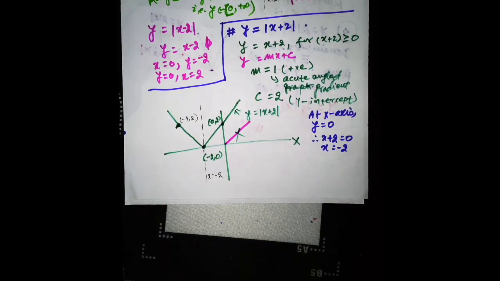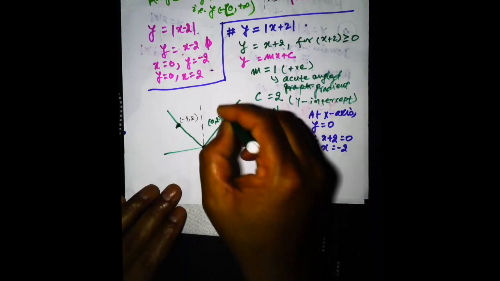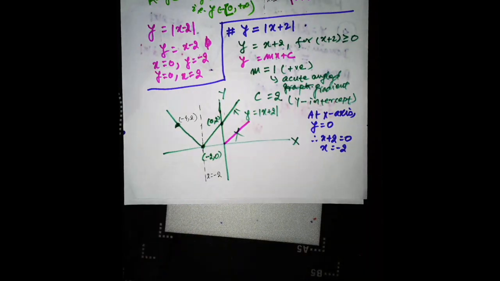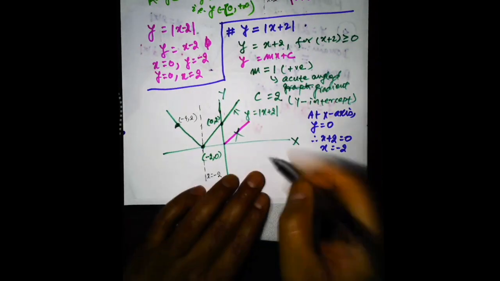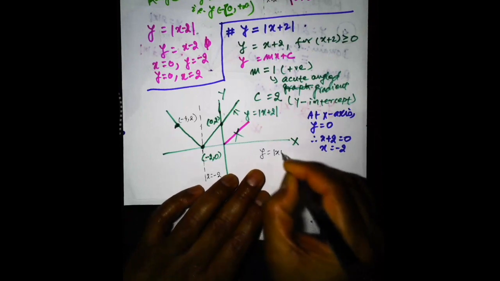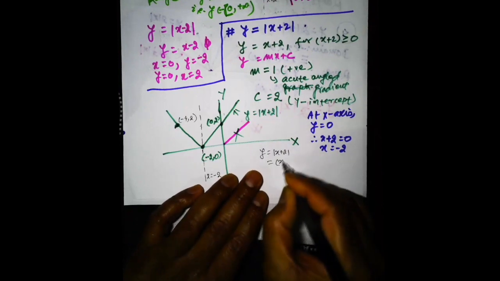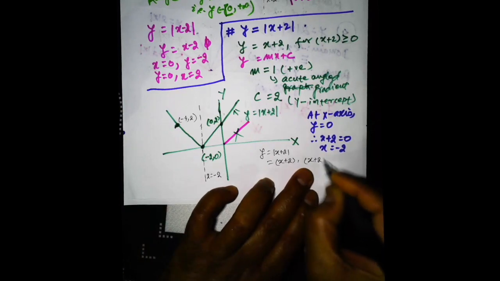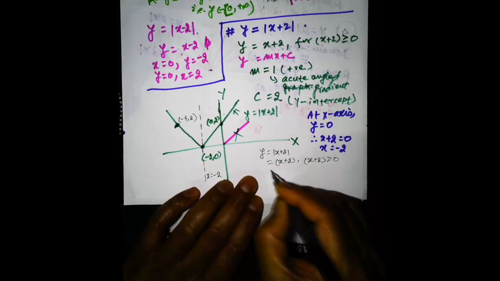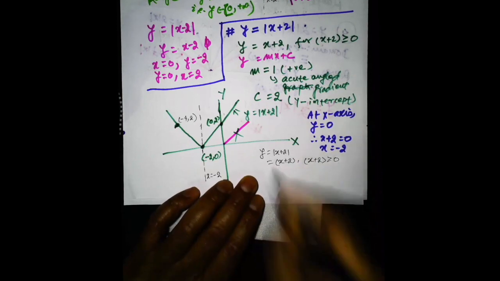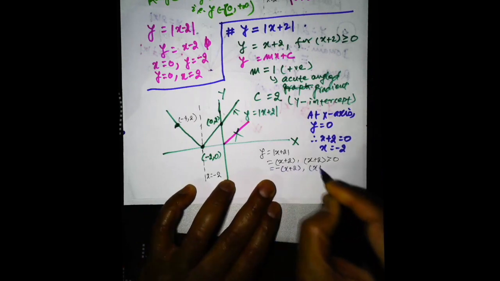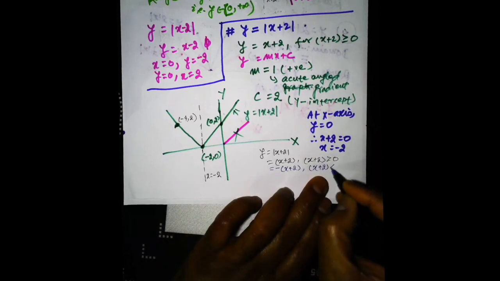Now, in order to learn it, you can analyze this graph. This is the x-axis, and this is the y-axis. For example, here you have y equals x plus 2, and that will give you positive x plus 2 in the case when you take x plus 2 as greater than or equal to 0, and the same thing is going to equal the negative of x plus 2 when you take x plus 2 as less than 0.